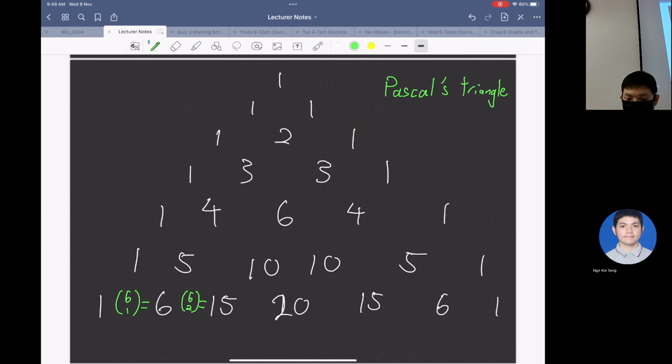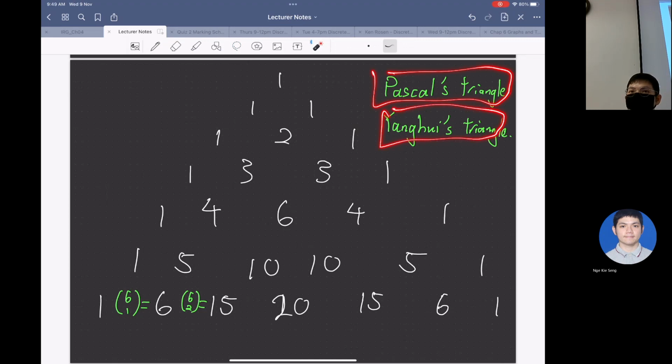And then I also learned that long ago China also encountered this. It's called the Yang Hui triangle. I learned that the Chinese, you guys never learn the Pascal triangle, right? You just learn Yang Hui.